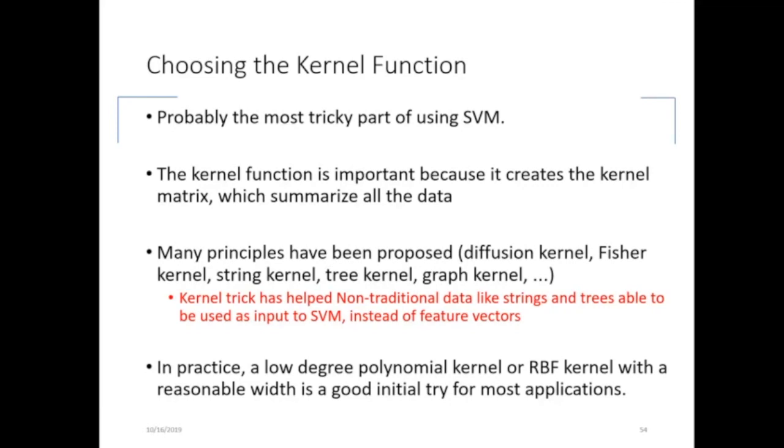But this is actually good, because for a lot of domains, it's very difficult to come up with a numerical representation of X, but it's very easy to come up with a similarity function among the objects, like string to string, graph to graph, or sets to sets. All those discrete data structures can have similarity functions designed for them. Then you can use the whole paradigm of support vector machines to perform very nice, theoretically guaranteed classification.